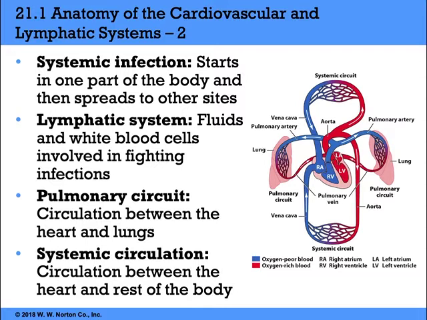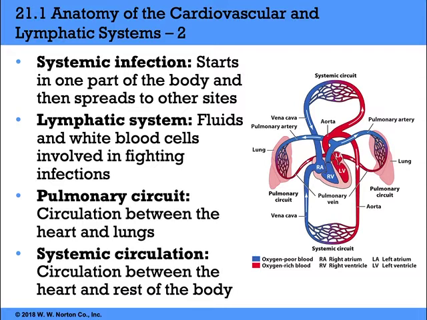Okay? The lymphatic system picks up some of the fluid that's left out at the capillary beds that isn't recovered by them and moves that fluid called lymph through structures called lymph nodes, which filter out pathogens and alert the immune system to the presence of the pathogen in the body, and then returns that filtered fluid back to the blood in the subclavian vein.